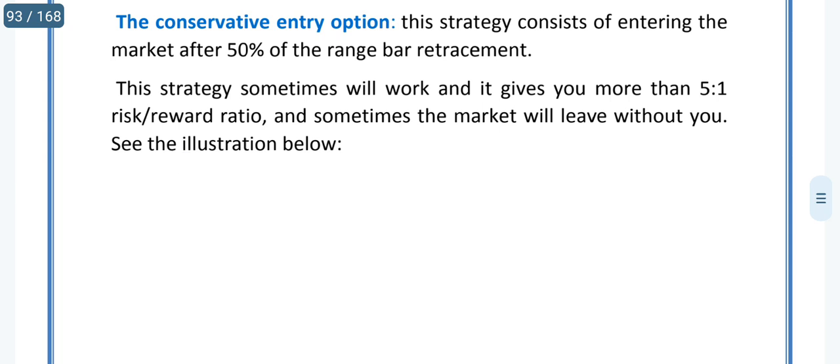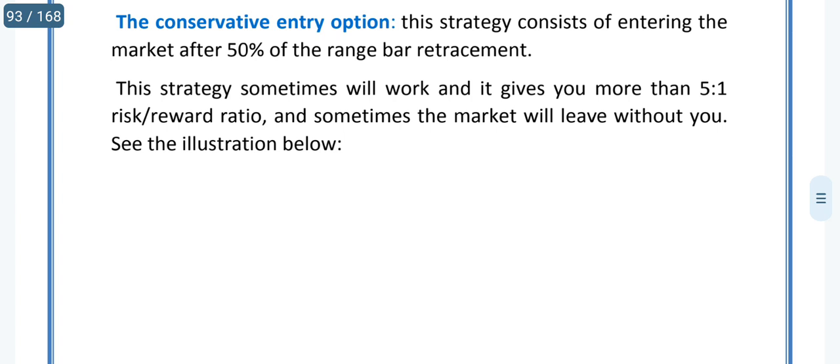And here is another entry point that we have to understand. The second entry point that we can use to enter the market based on the penny bar candlestick formation is the conservative entry option or point. So this strategy consists of entering the market after a 50% retracement of the range bar.